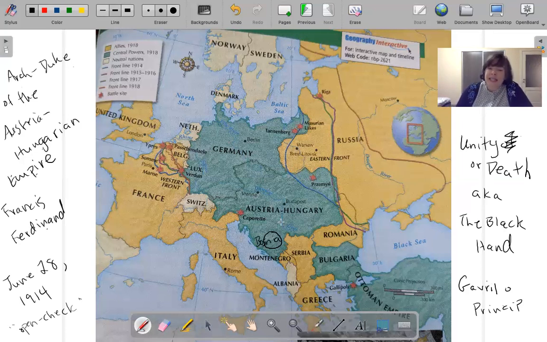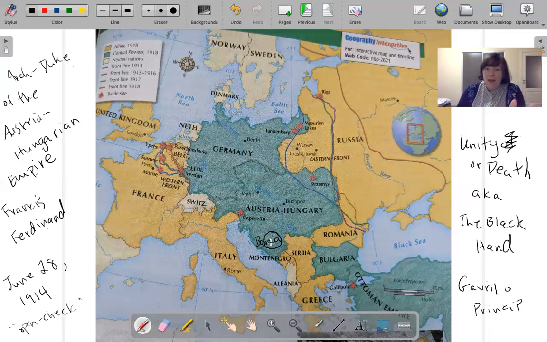So what Austria-Hungary did was went to Serbia, well, wrote them a letter and said, this is what you have to do. You have to find anyone that had anything to do with that assassination, and you have to punish them. And you have to let us help you do that. And you have to put a stop to all nationalist movements.